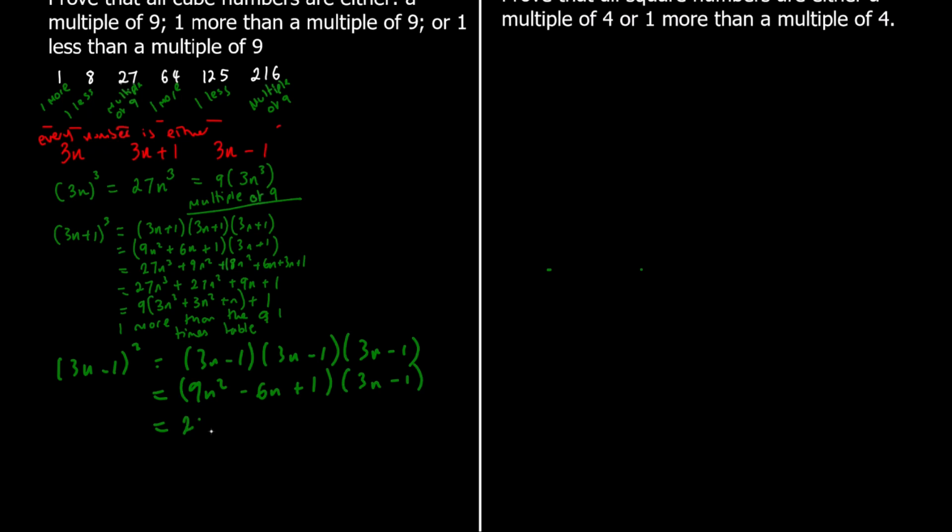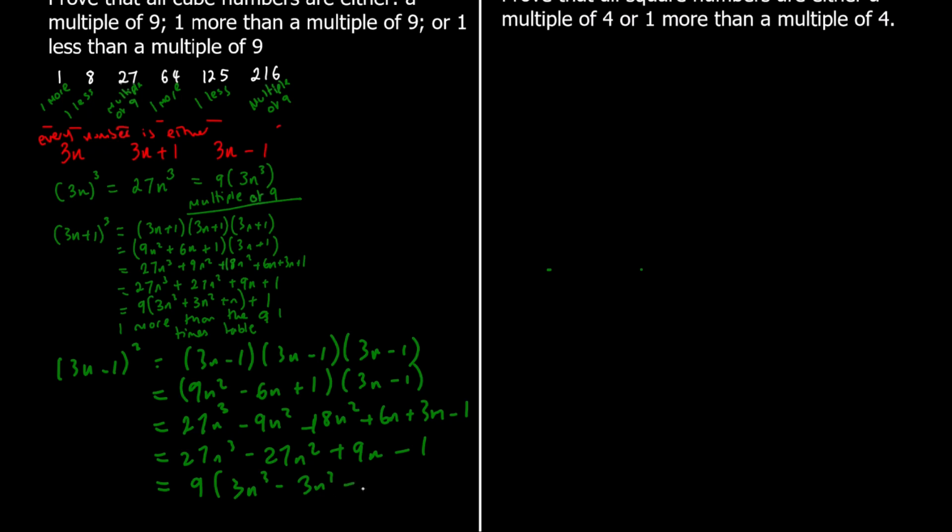So expanding again, 27n cubed minus 9n squared minus 18n squared plus 6n plus 3n minus 1. So that is 27n cubed minus 27n squared plus 9n minus 1. If I factorize 9 out of the first 3 terms, it's 1 less than the 9 times table.